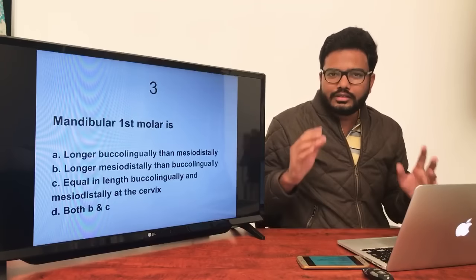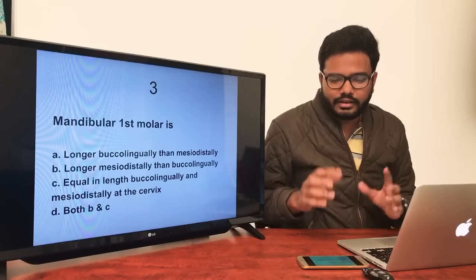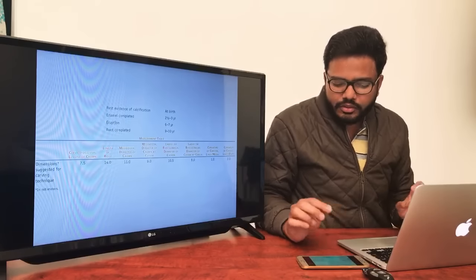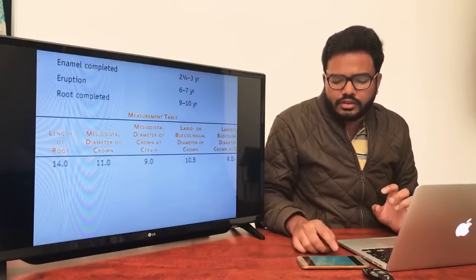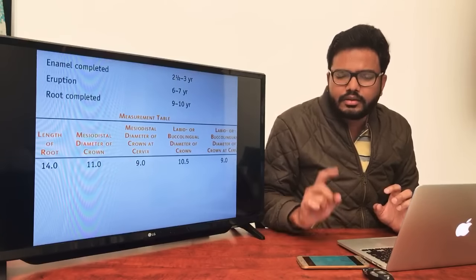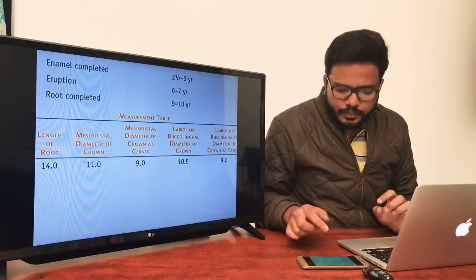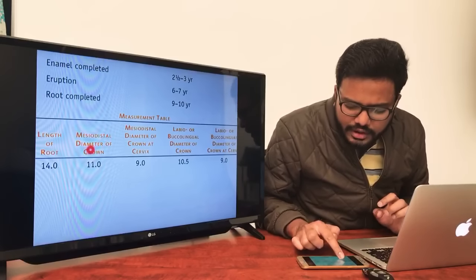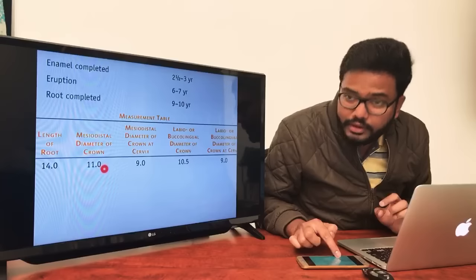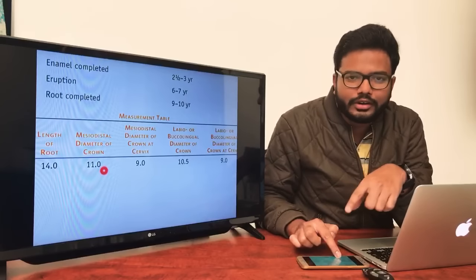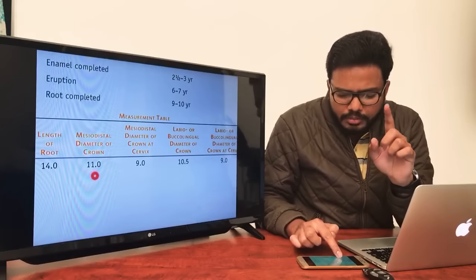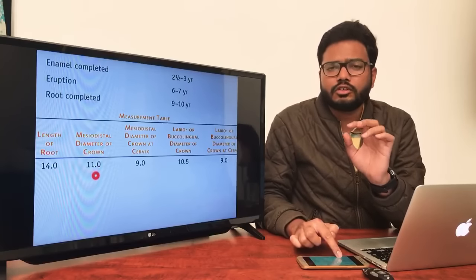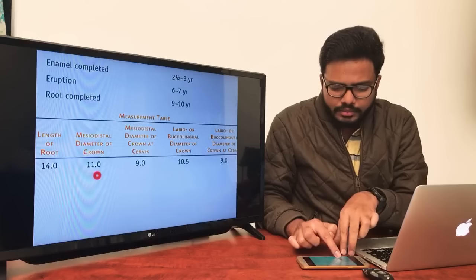So let's look into the dimensions so that we'll get an accurate picture. I don't think it's very clear, so let me just zoom in. As you can see, for mandibular first molar, the mesodistal diameter of crown, which I'm pointing out, is 11 mm.